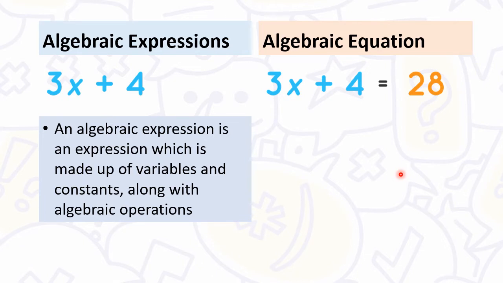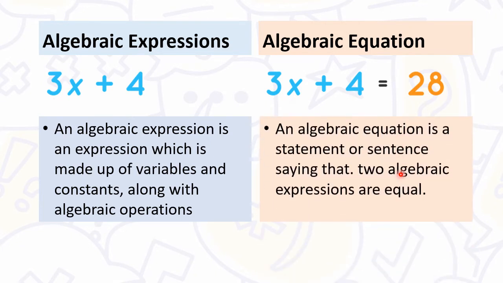Algebraic equation naman is a statement or sentence saying that two algebraic expressions are equal. So we have these two expressions, tas may equal sign sila. So, basta na lang, kapag expression, walang equal sign. Kapag may equal sign na, equation na yung tawag dyan. Okay?